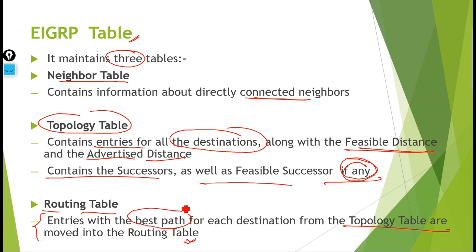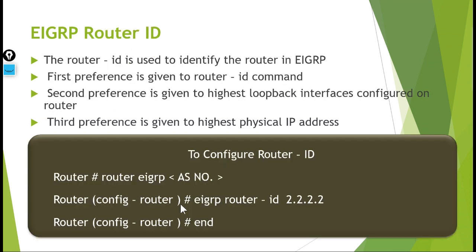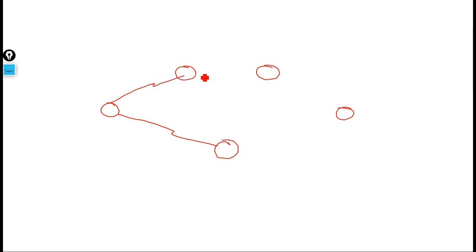So that's it for the tables. We do have a quick concept for EIGRP router ID. EIGRP router ID. So what exactly is it? See, for example, let's say you have multiple routers like this, connected all together.